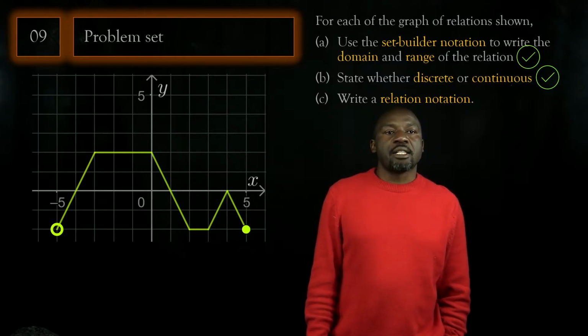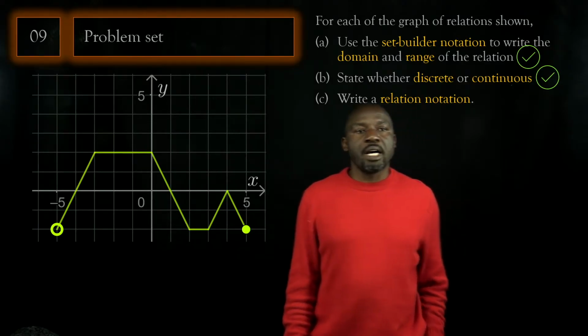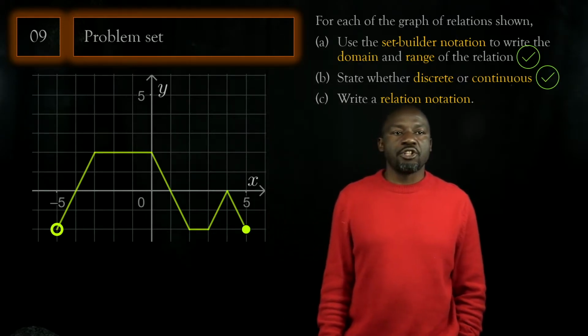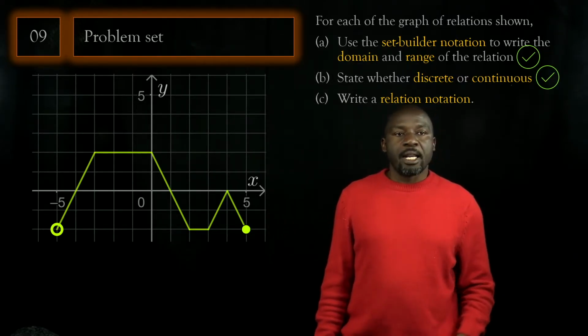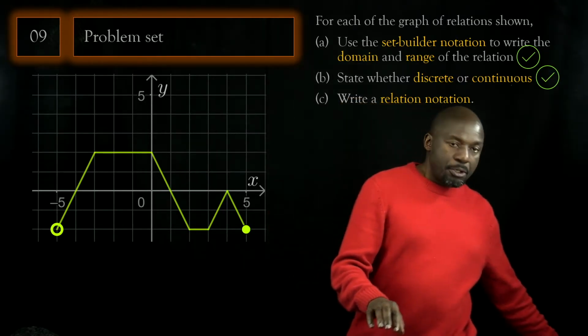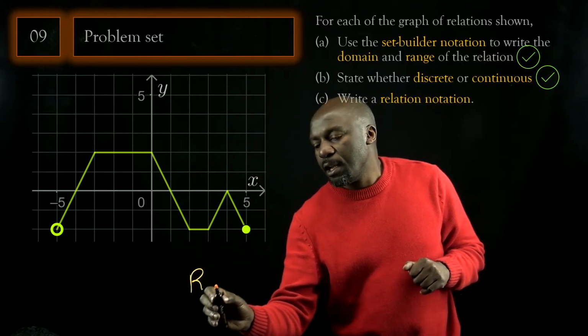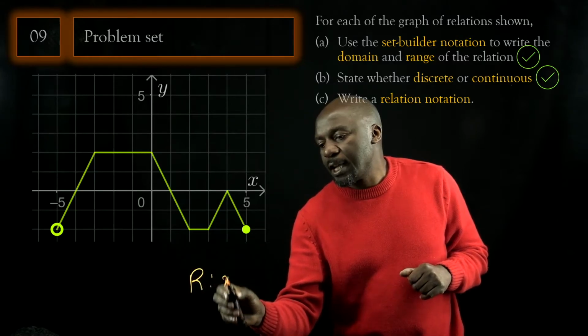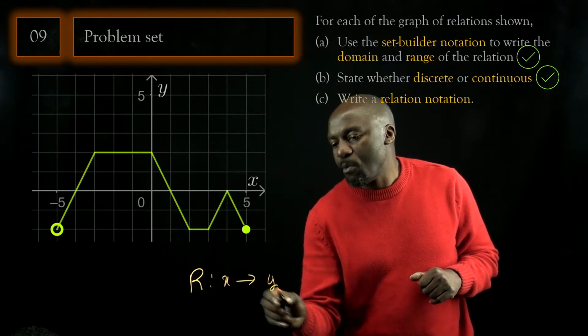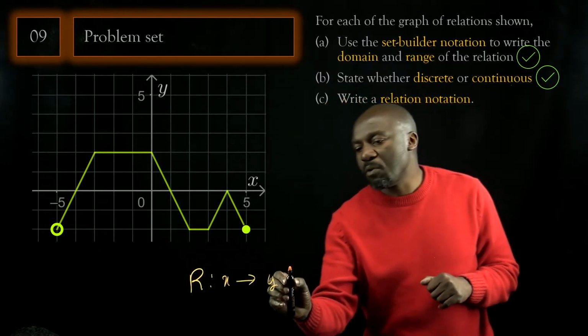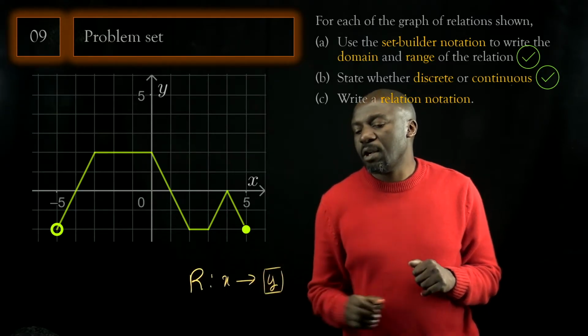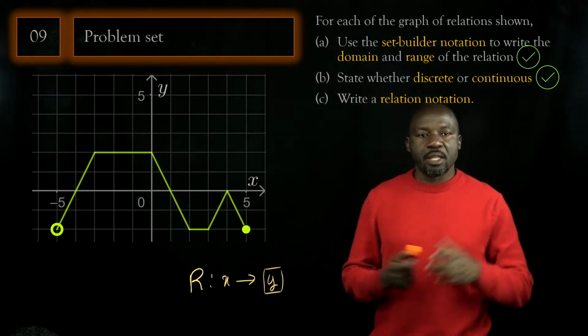Now, the part that is important for reminders is to write a relation notation. To do that, we want to express this as R such that X maps onto some Y, and then we want a rule for that Y, the equation.